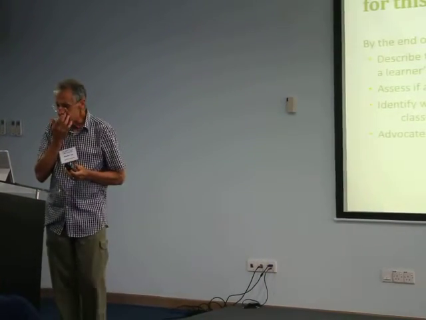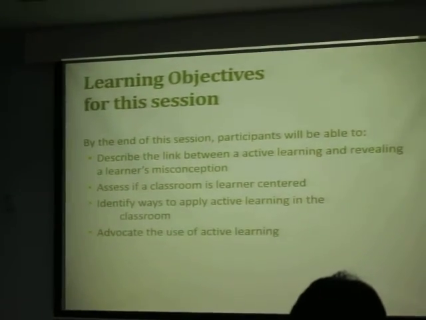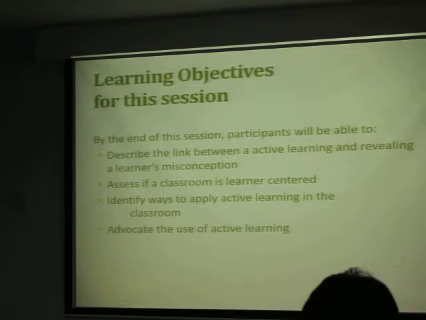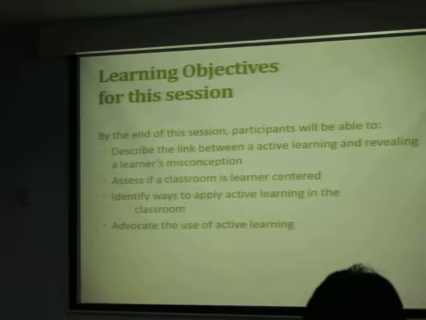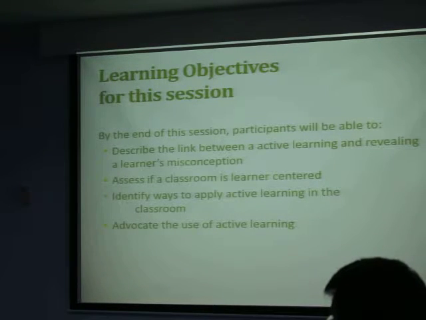So in this particular session, the objectives are to look at the link between active learning and trying to find out whether the student really knows or whether they have some misunderstanding or some misconception of the issue. Move away from it being entirely teacher-centered to where it's learner-centered, and then trying to work out how to do that in the classroom.